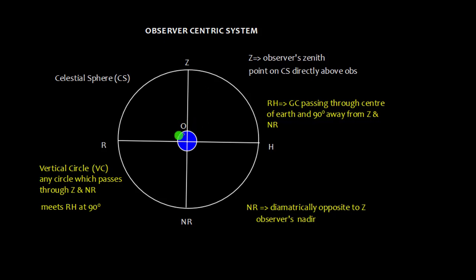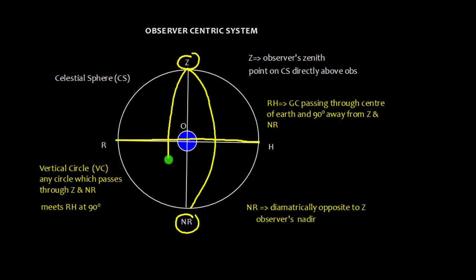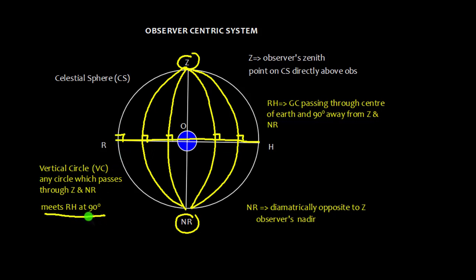Similarly, here this is your rational horizon, this is your zenith, and this is your nadir, and there are vertical circles. The definition of vertical circle is the circle which passes through observer's zenith and also observer's nadir. And obviously these vertical circles are going to meet rational horizon at 90 degree.